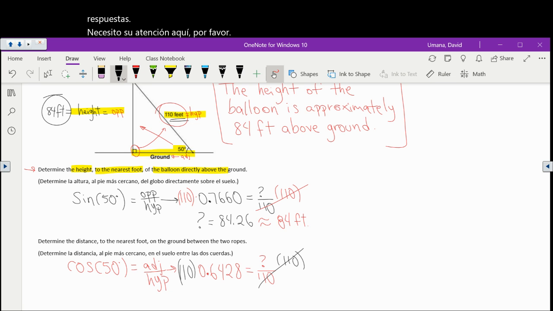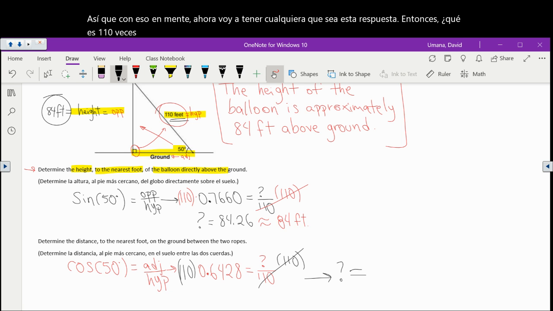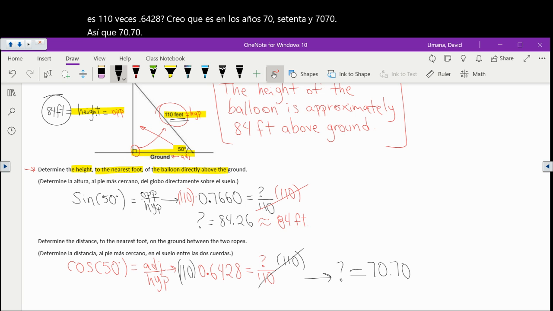So with that in mind, I'm now going to have whatever this answer is. So what is 110 times 0.6428? I think it's in the 70s. 70.70. This one is also asking for the nearest foot.